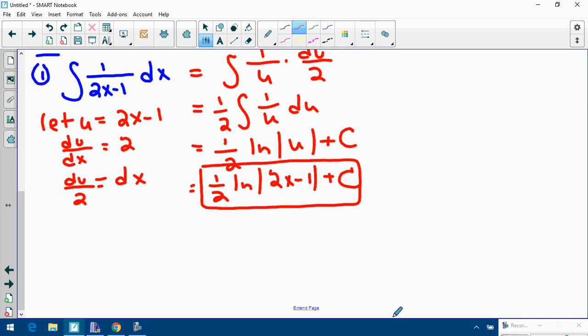Okay, let's go on to try the second one. Number 2, the integral of x squared over 4 minus x cubed dx.